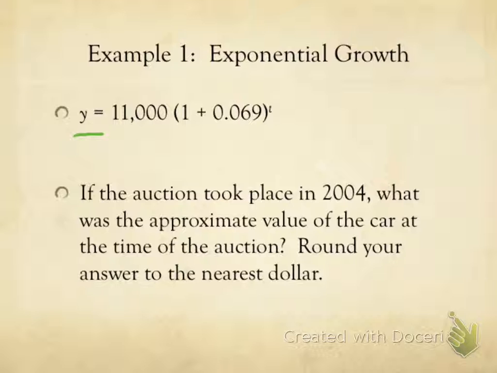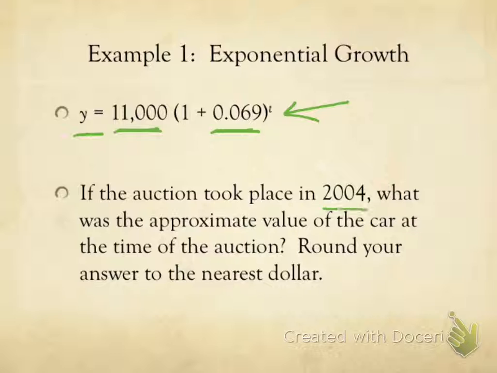Y equals, here's our 11,000 for the initial amount, here's our 0.069 for r, and we put that in to get y equals 11,000 times 1 plus 0.069 raised to the t power. Now that we have that equation, we should be able to figure out what the value of the car is at this auction.